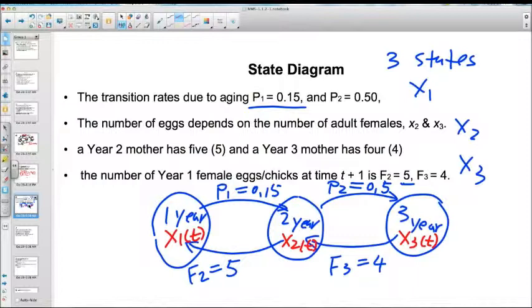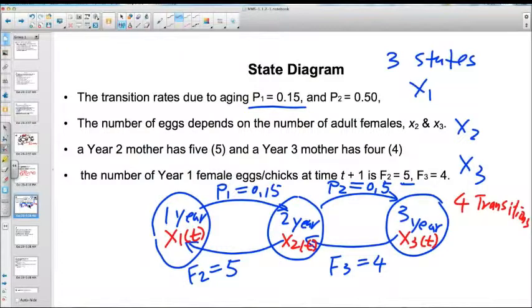And we have 4 transitions. Those are constants over the years. P1, P2 are the age-progressing transitions. And F2, F3 stand for the birth rate.